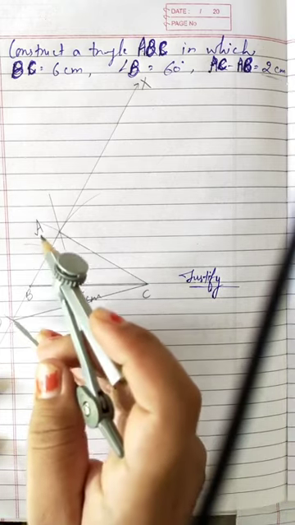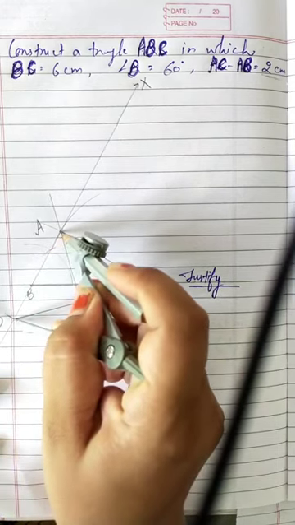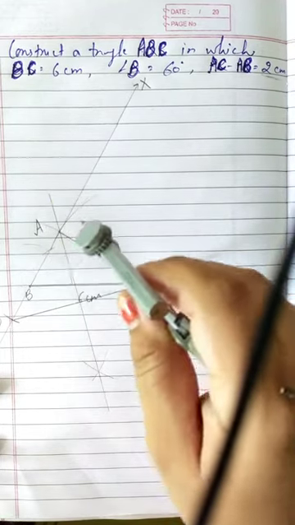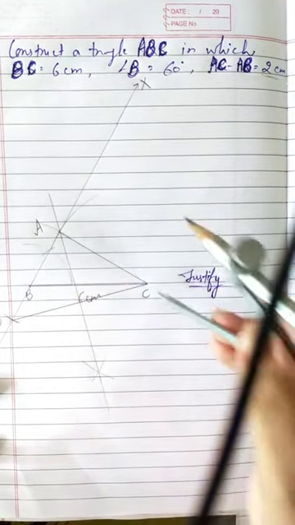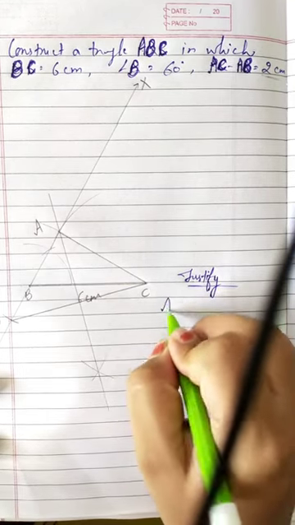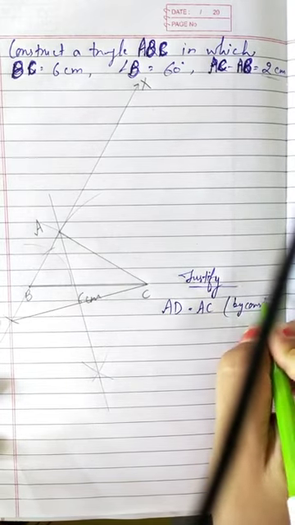How? AD is equal to AC by construction. Already we have AD equal to AC, because when you make the perpendicular bisector, AD will be equal to AC by construction. So first step, write it by construction.